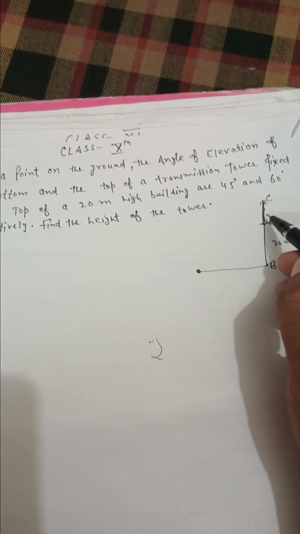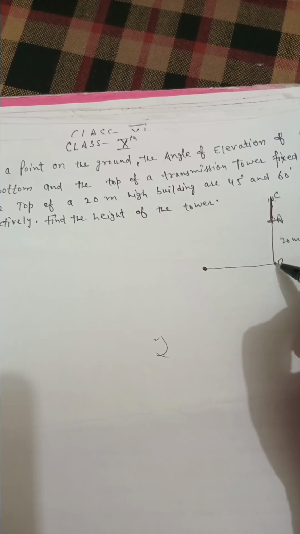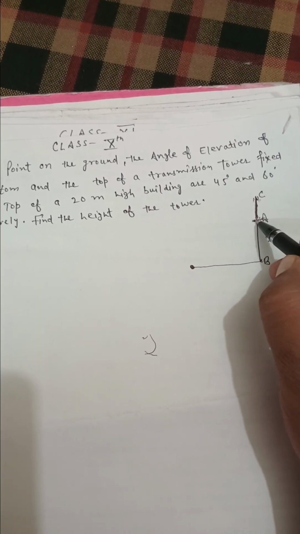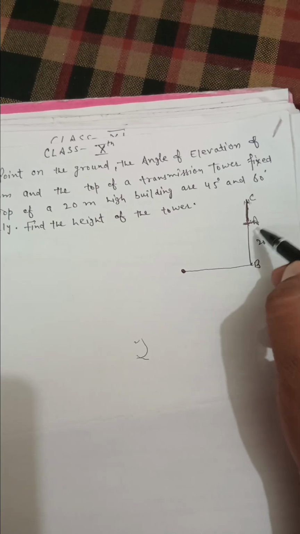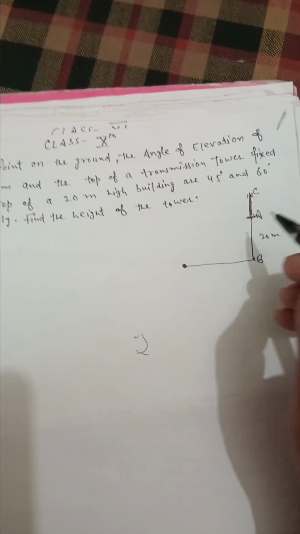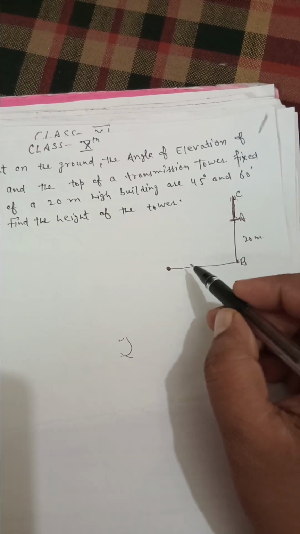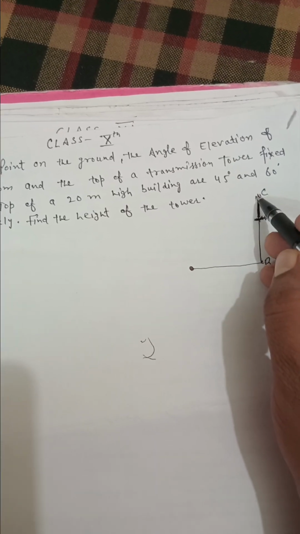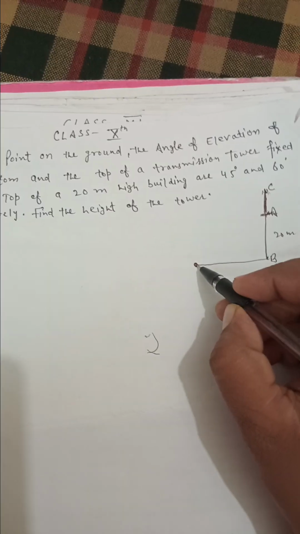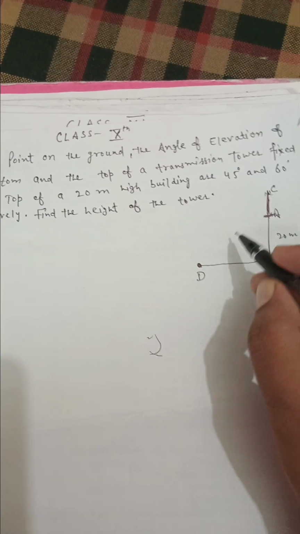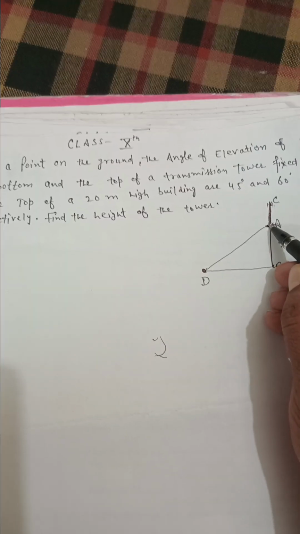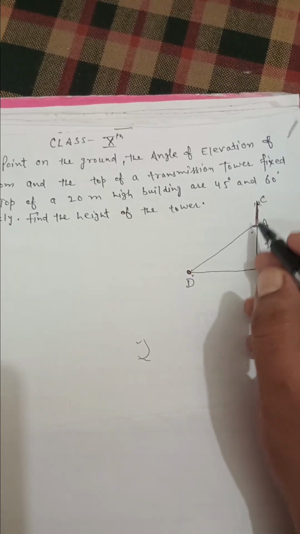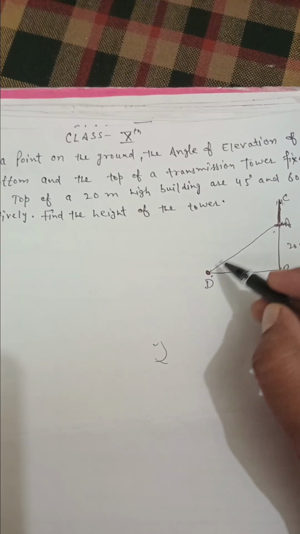Because this is a tower which is fixed at the top of a 20-meter high building, AB is the 20-meter high building and C is the top of the tower fixed on the building. The angle of elevation of the bottom of the tower, point A, and the top of the tower, point C, is taken from the point on the ground, let us suppose point D. Elevation is from bottom to top, and depression from top to bottom.